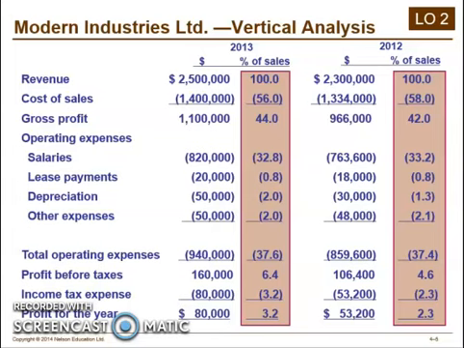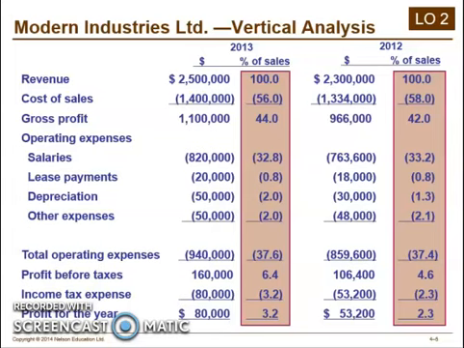Looking at our cost of sales there of 1.334 million compared to our revenue of 2.3 million, that represents 58% of sales. So our cost of sales in 2012 was higher than in 2013. Again, the calculation for this one was cost of sales divided by revenue.